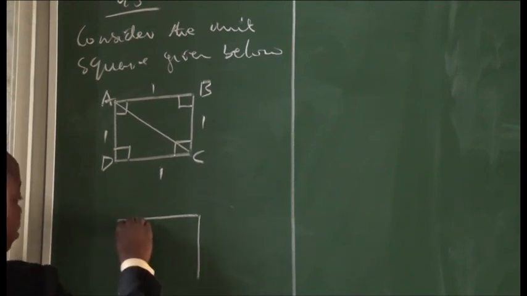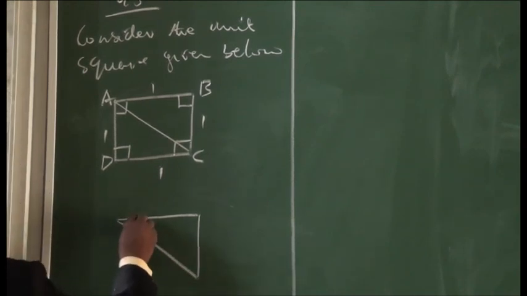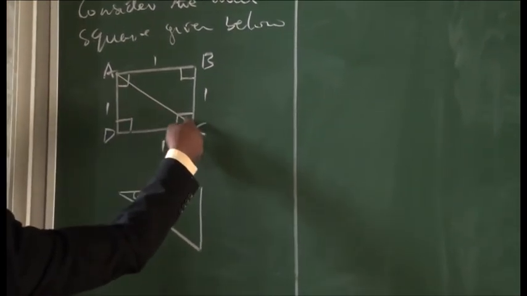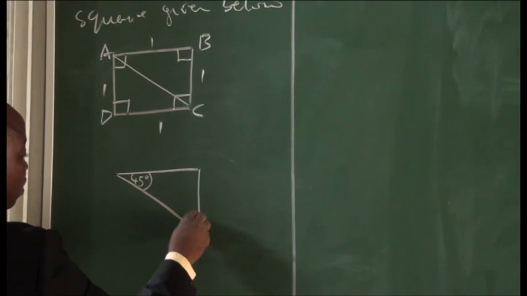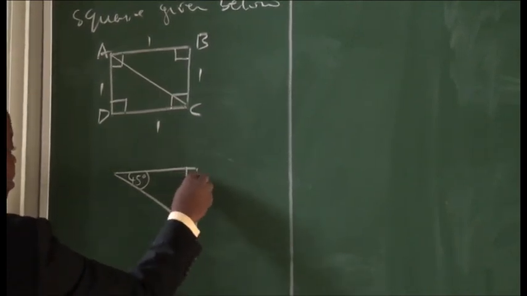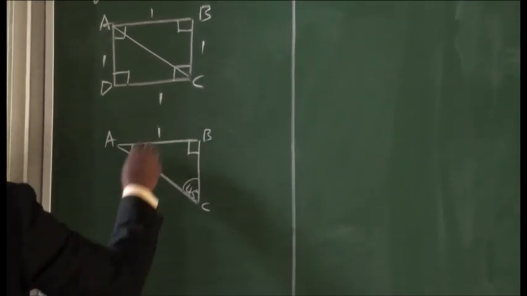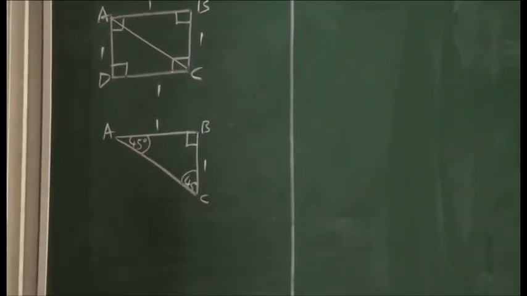Look at that. Where this is 45 degrees, because here is 90, so as you divide it, it's 45 degrees. Here is also 45 degrees. Here is still 90. Now this is A, B, C. Here is 1. This is 1.